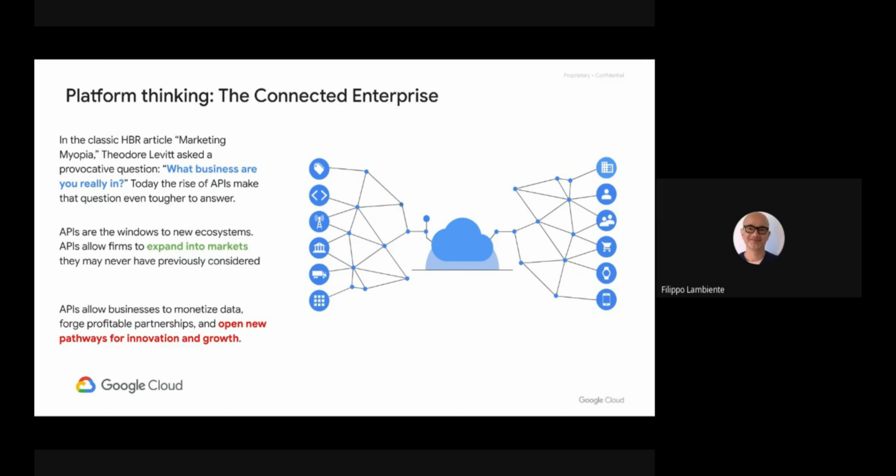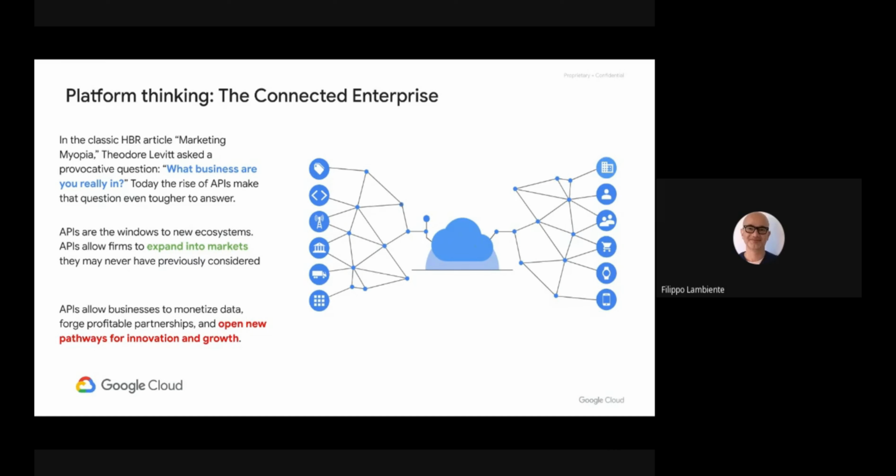And what we are seeing today is that this basic question, what business are you really in, is getting more and more difficult to answer, because we see enterprises that transform themselves from finance into fintech, or organizations that produce technical hardware components transforming themselves to produce a digital product.